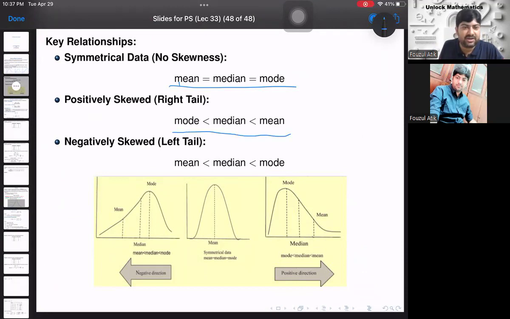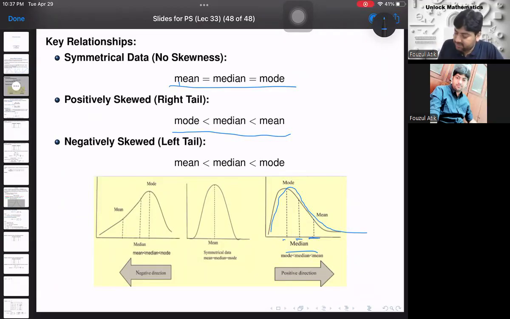We already discussed this in some of our earlier classes. So the mode value is less than the median and less than the mean. In this case, the distribution has a long tail on the right-hand side, so it is positively skewed.